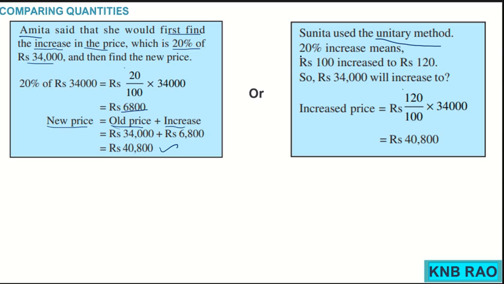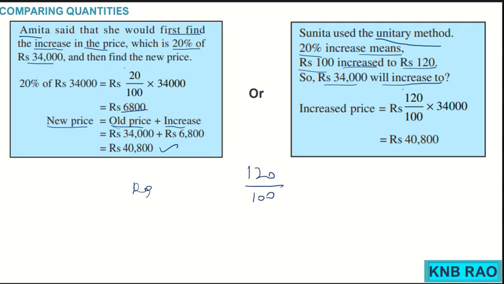That is, 20% increase means where 100 rupees is getting increased to rupees 120. If 100 rupees increases to 120 rupees, then rupees 34,000 will increase to, using the unitary method, 120 upon 100 gives, if you cancel, you will get 1 rupee 20 paise.